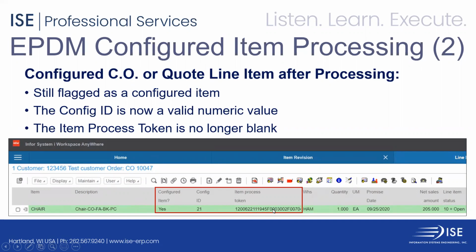And that means that XA EPDM has successfully built an item process record for that configuration. And of course, your item process marries together a bill of material and a routing. So once you see this, you're good to go. That means CPQ and XA EPDM have finished their processing.